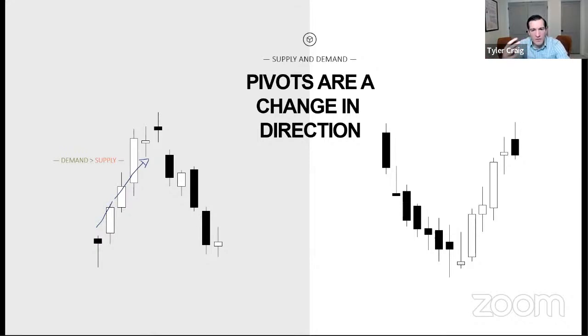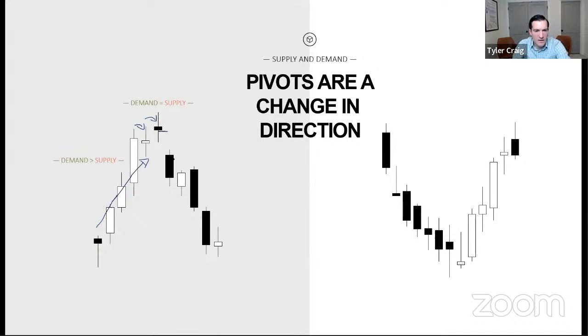Maybe now there's an equilibrium between buyers and sellers. The upward thrust, the steam kind of runs out, and then you get to an equilibrium. Notice there's a pair of doji-looking candles here, narrow-bodied candles, showing slowing momentum, showing a stalemate. And then you get this down gap.